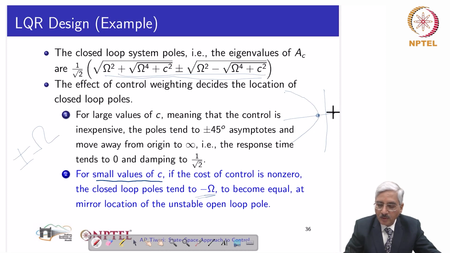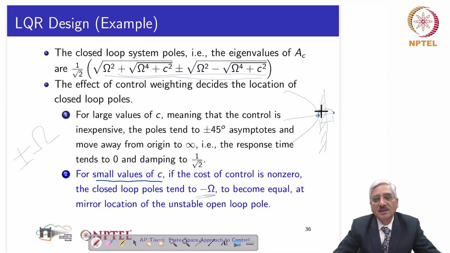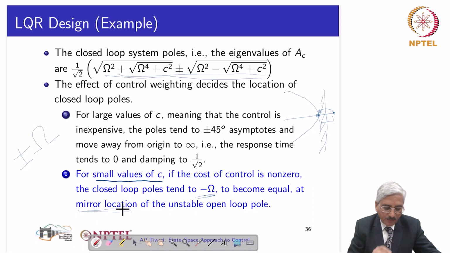However, the unstable pole has been brought to a mirror location with respect to the imaginary axis. So this is what happens in case of linear quadratic control. The unstable poles are brought in the left half S-plane almost at the mirror location.